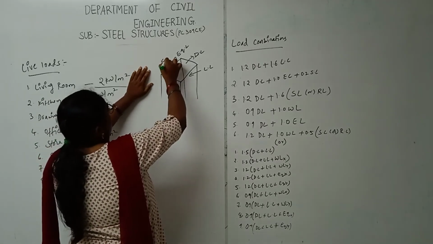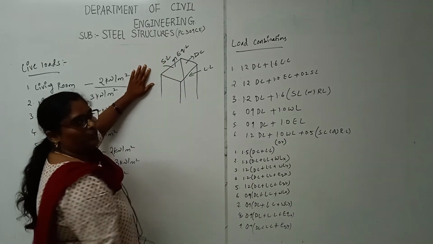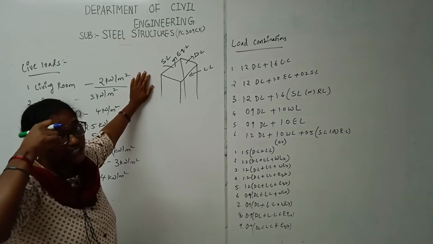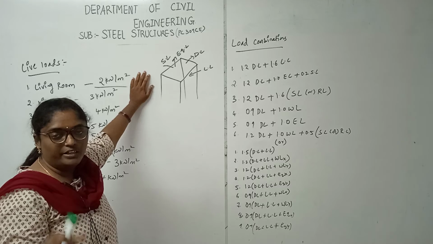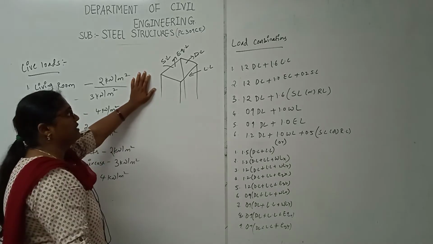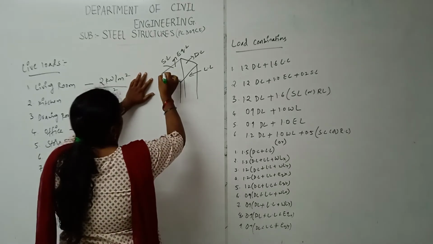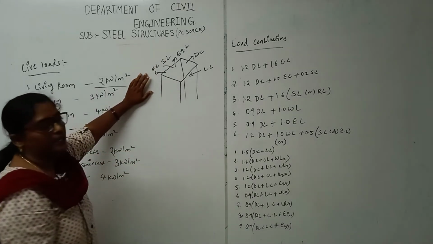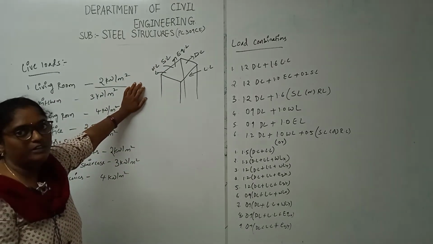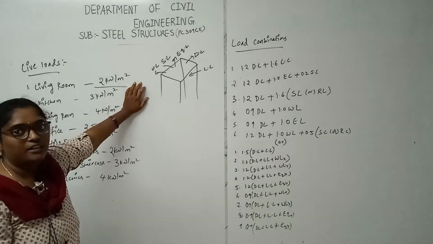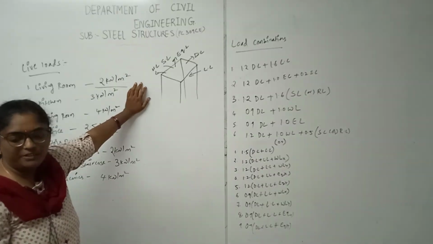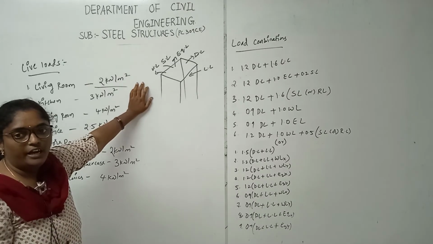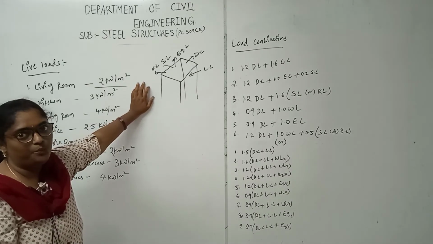One more is your snow load. In Telangana we will not consider any snow loads. We consider it in Jammu and Kashmir, where in India the snow load will be considered. One more is the wind load. Wind load is mostly kept in mind at coastal regions, and also in airport construction.